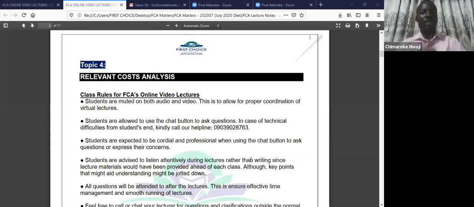The topic under discussion here is relevant cost analysis. Relevant cost analysis is a topic that you must understand before you can make headway with marginal costing.